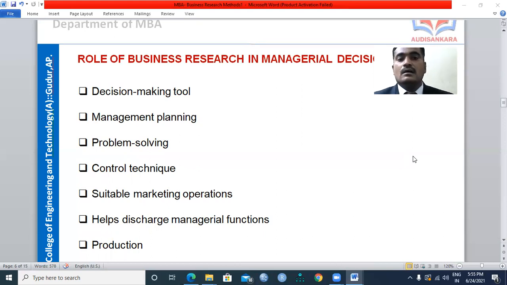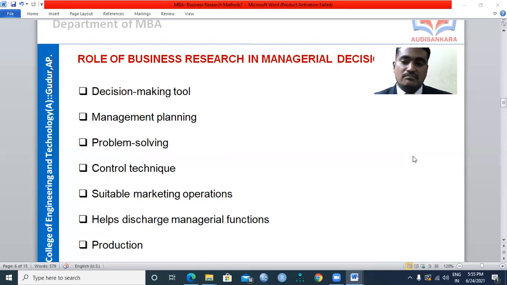What business research facilitates for managerial decisions is, as business research is a systematic process, it helps to plan in advance, in a systematic manner, how to drive a particular problem in the organization to come up with the best possible decision.